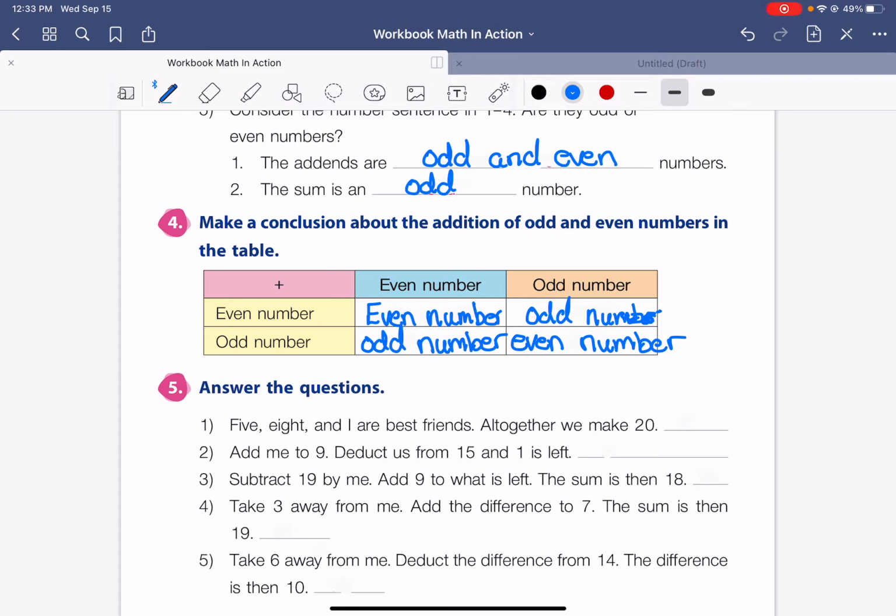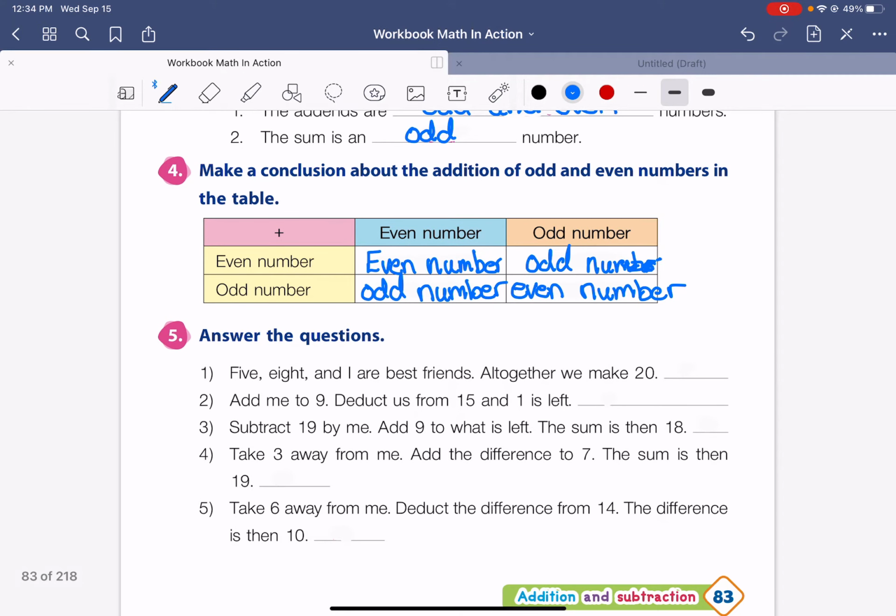All right. So here's a little bit of some word problems. It's a little bit tricky. First question says, 5, 8, and I are best friends. All together, we make 20.